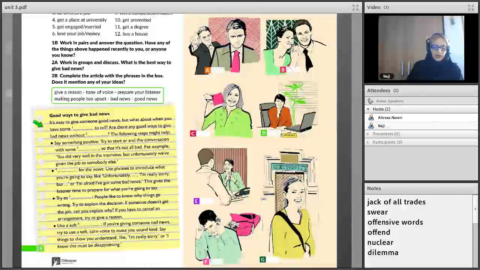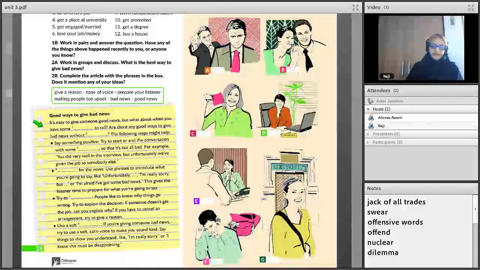Use a soft tone of voice. If you're giving someone bad news, try to use a soft, calm voice to make you sound kind. Say things to show you understand, like, I'm really sorry, or I know this must be disappointing.